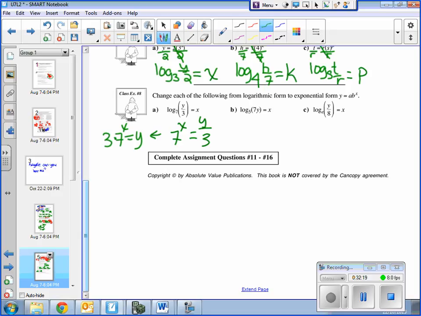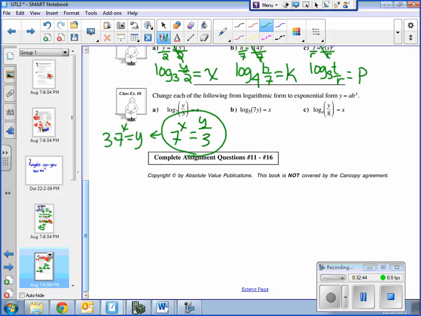Okay, next one. What's my base? Why didn't you multiply the 3 times 7? Because x is an exponent of 7.